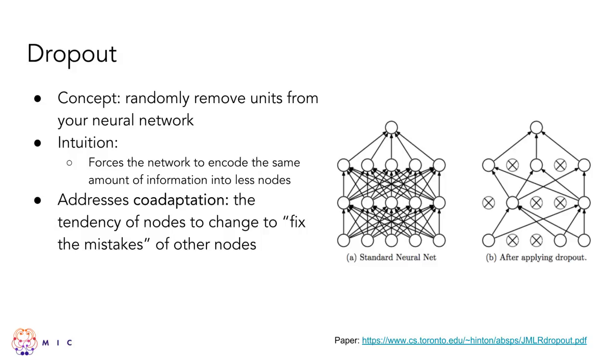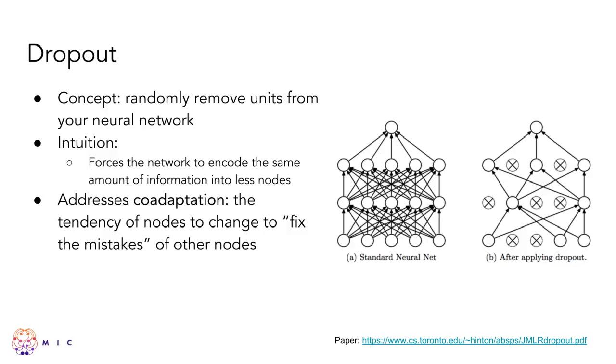Okay, so the intuition behind this is that you're trying to force your network to encode the same amount of information into fewer nodes. But more importantly, you're trying to address the issue of co-adaptation. So typically what happens when you're training your network, alongside overfitting, is that nodes tend to change in response to the changes of other nodes.